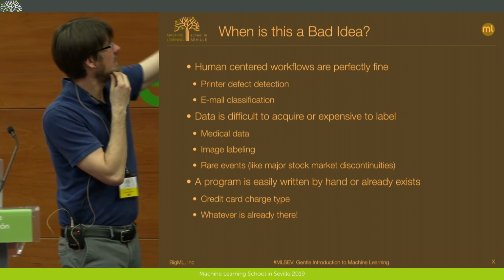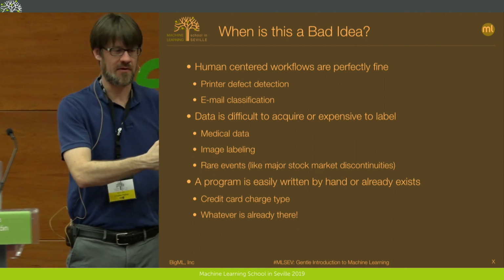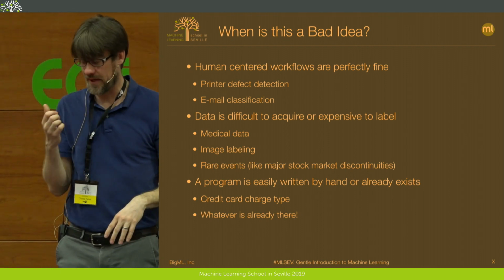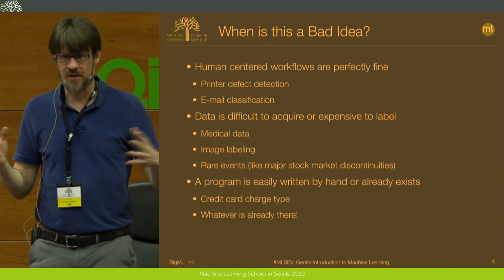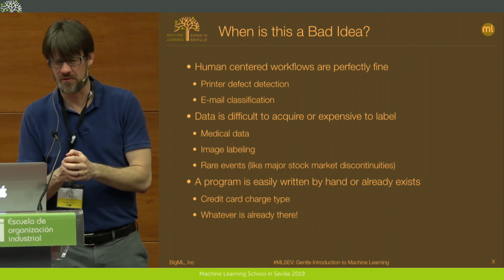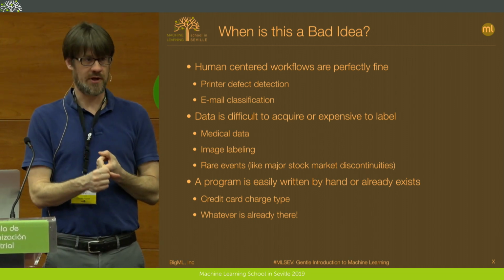And then the last place in the middle there is where the machine learning paradigm kind of breaks down. So if you have data that's difficult to acquire or expensive to label, obviously you don't have enough data to solve the problem if you can't get to it and you can't label it. So medical data is a good example of this. Medical data is usually pretty awesome.